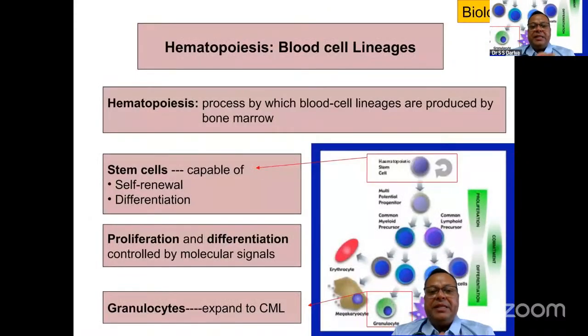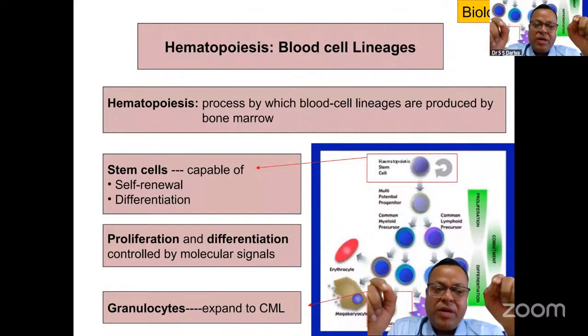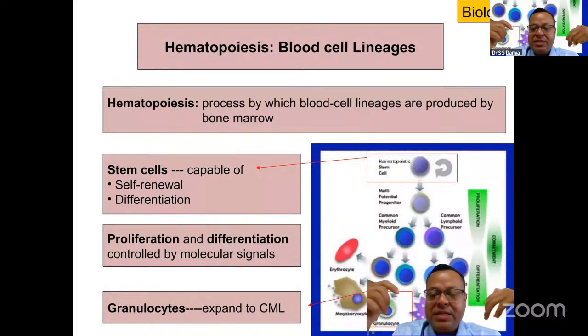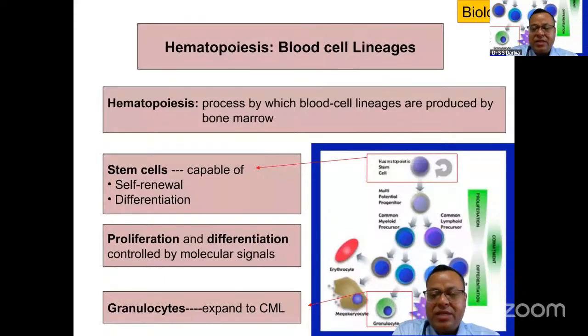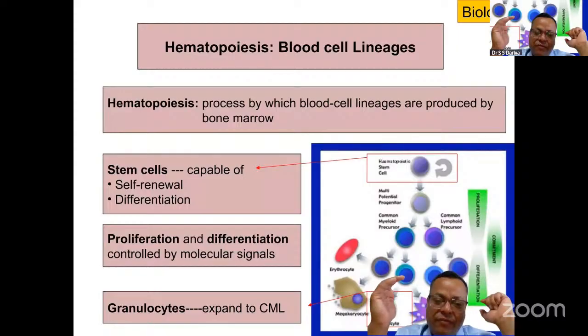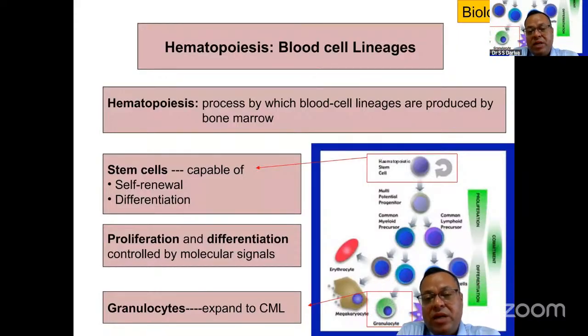Hematopoiesis is the process where blood cell lineages are produced by the bone marrow. In the bone marrow, there are stem cells capable of self-renewal and differentiation. Differentiation means that if it is lymphoid or myeloid, then there are basophils, eosinophils, and neutrophils. The proliferation and differentiation of all these cells is controlled by molecular signals.